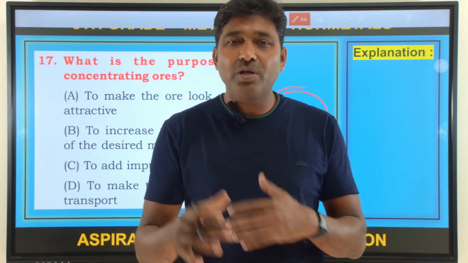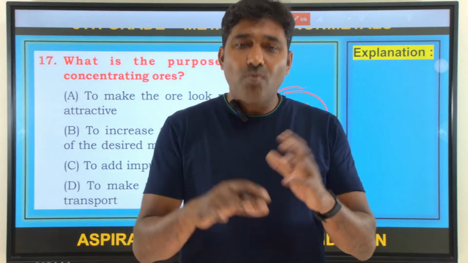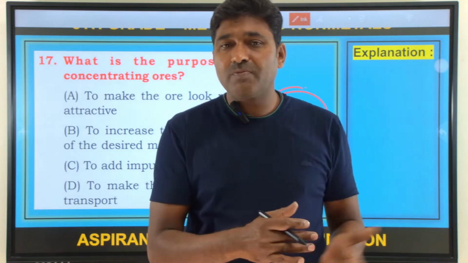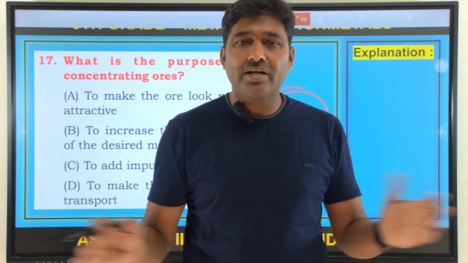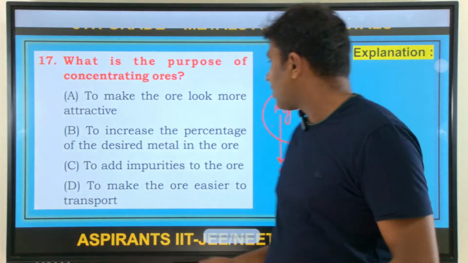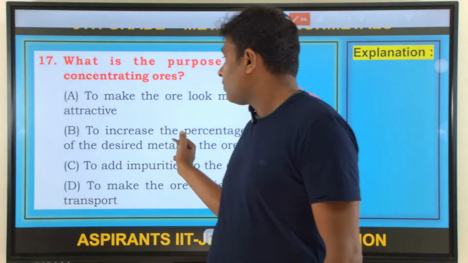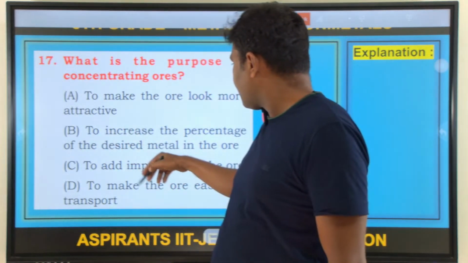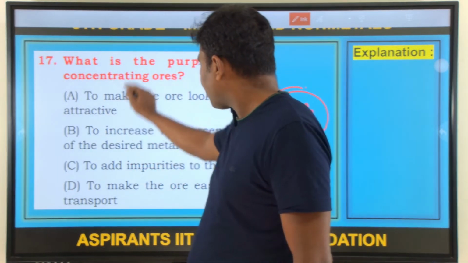So we need to remove the external impurities associated with the ore, by following physical methods. That is called concentrating the ore. Which one is suitable here?